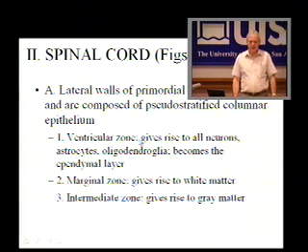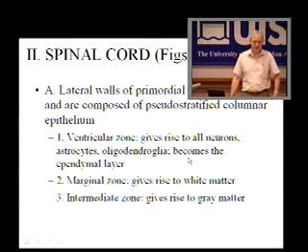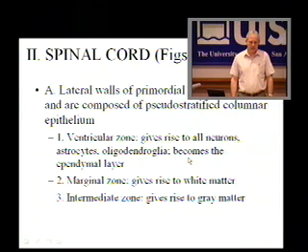So this ventricular zone is where we see a tremendous amount of mitotic activity, as we'll see in illustrations in a moment. So all the neurons originate from that mitotic activity. The astrocytes, oligos, and ultimately a layer of cells remains called the ependymal cells that we're all quite familiar with.